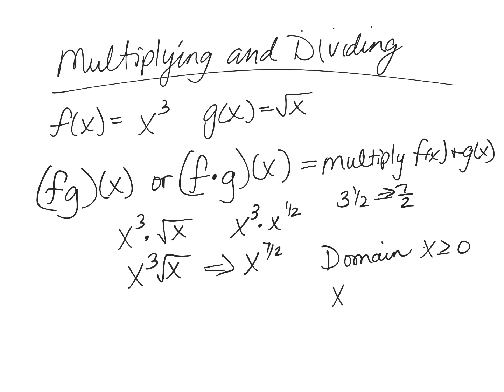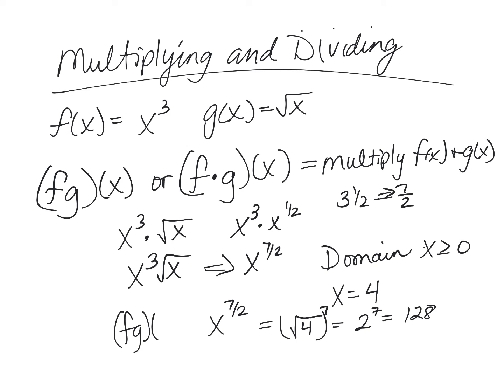And if we're going to evaluate when x equals 4, x to the 7/2 power means the square root of 4 all to the 7th. The square root of 4 is 2. 2 to the 7th is 128. That's (fg)(4).